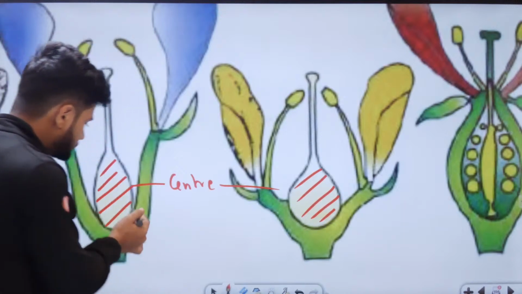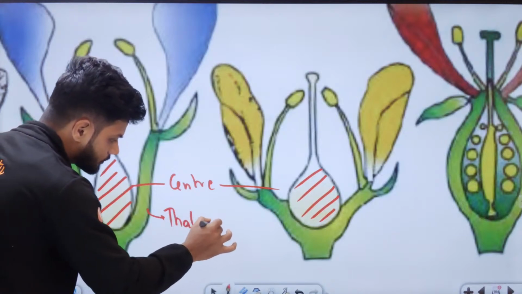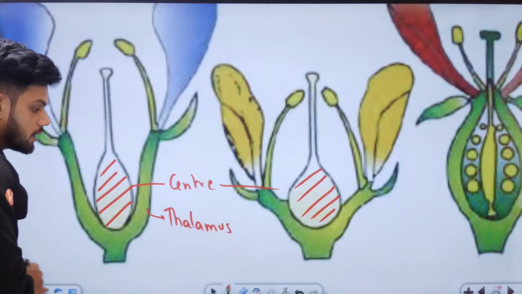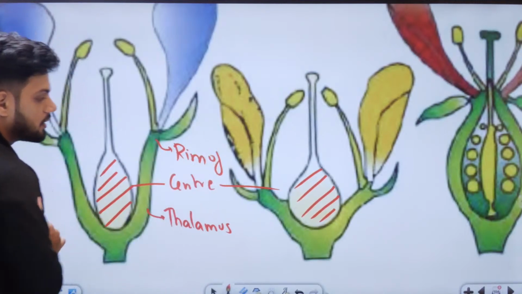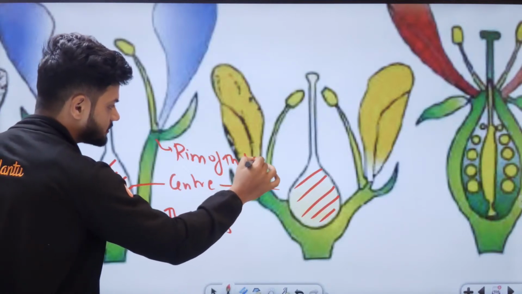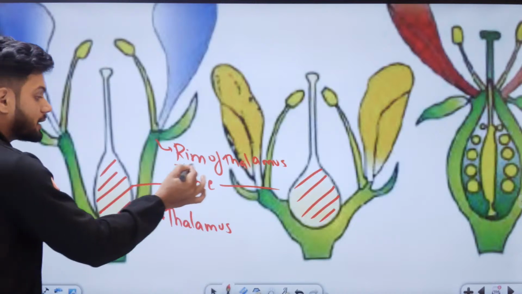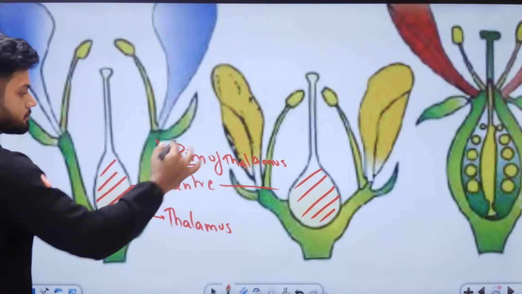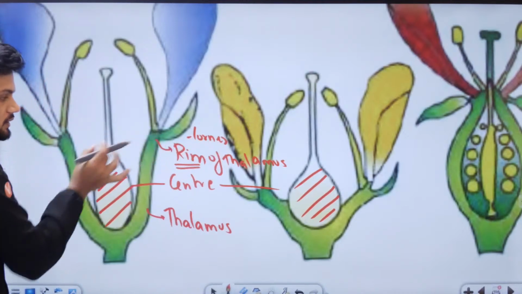Now, what is this? This is called the thalamus. This is called the rim of thalamus. The meaning of rim is the corner, the corner of the thalamus.